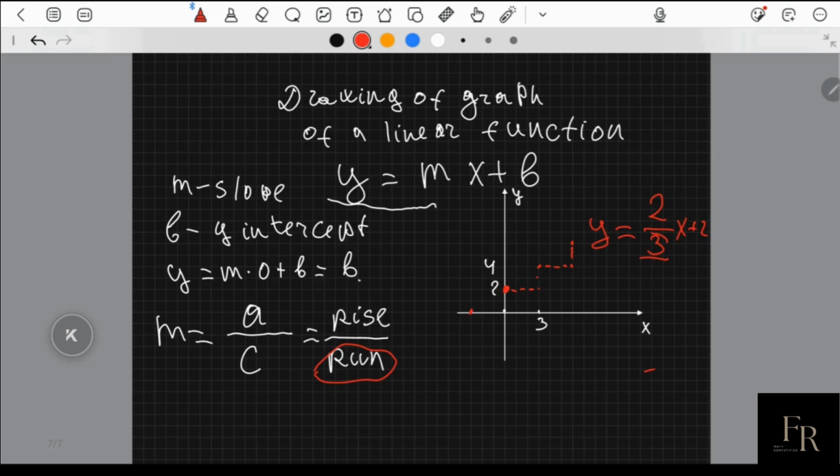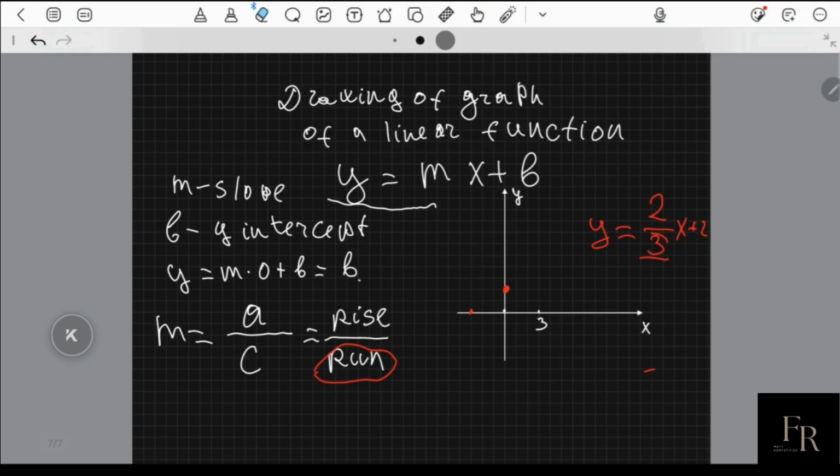And this is our x-intercept. Now we can basically connect these points. It will be the slope. Let me draw another graph by just using this logic.